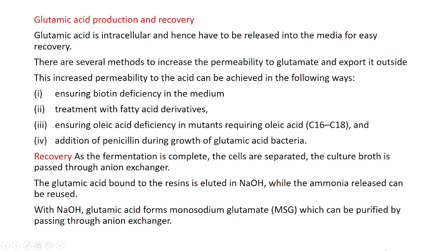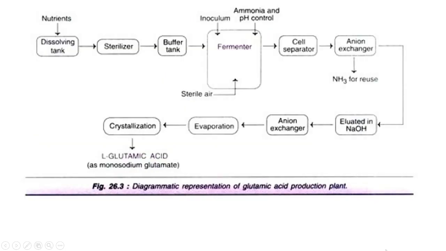With this sodium hydroxide, the glutamic acid will form monosodium glutamate, which is then purified by passing through an anion exchanger again. And this MSG can be subjected to evaporation and crystallization. So these are the steps of glutamic acid production and the downstream processes. Finally, you're getting it as monosodium glutamate, which is used.